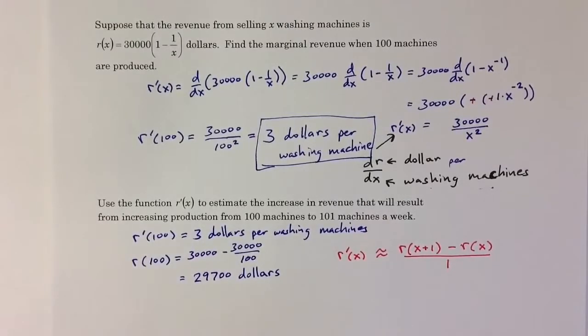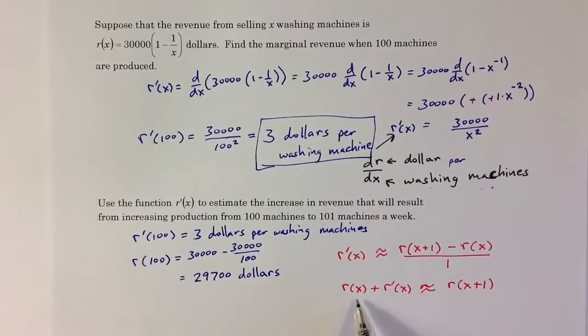And so rearranging this a little bit, if I add r of x to the other side, I end up with r of x plus r prime of x as being approximately equal to r of x plus 1.